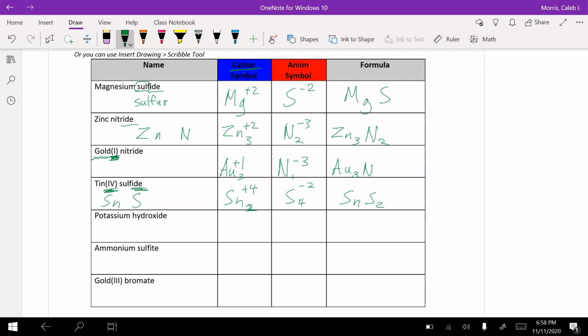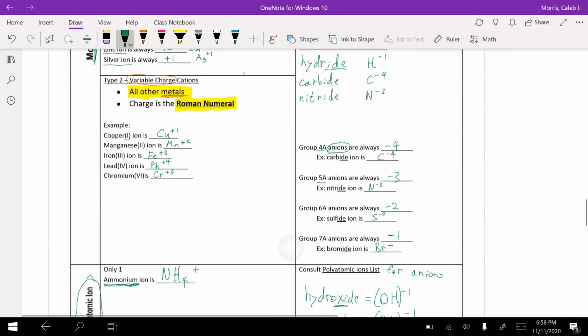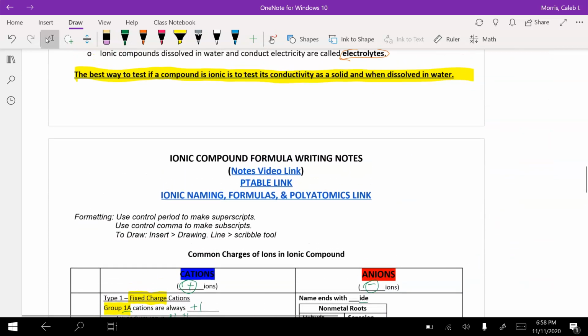Potassium hydroxide. Potassium is K. It's another one of those that's kind of weird. Maybe you wouldn't have thought of that. And then hydroxide, that's one of them I wanted you to memorize because that X is nowhere in hydrogen. A lot of students say hydroxide must be H with a negative charge. That's not right. Hydroxide is a polyatomic ion. So we want to go back to our polyatomic ion chart, which you can click up here and find.